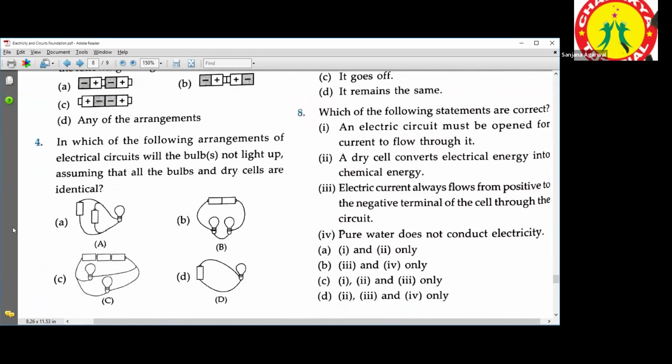Fourth. In which of the following arrangements of electrical circuits will the bulb not light up?